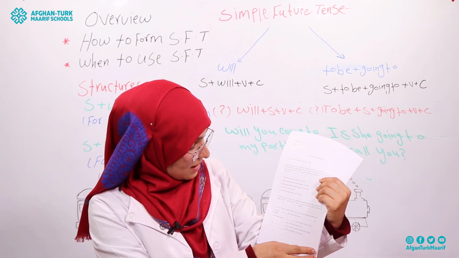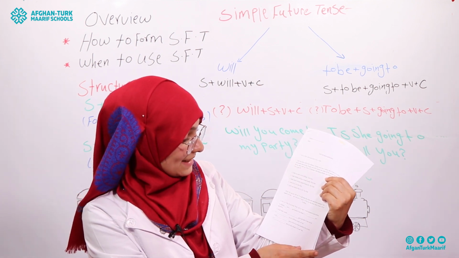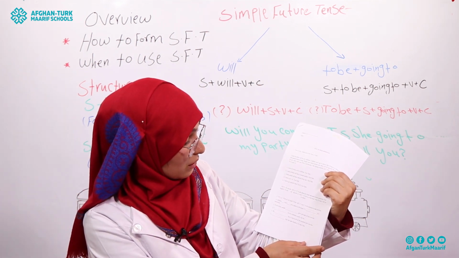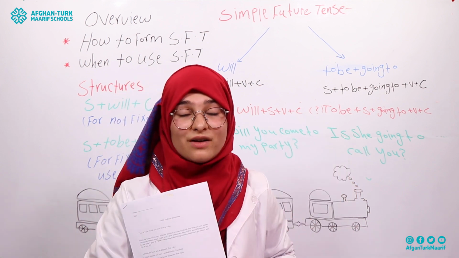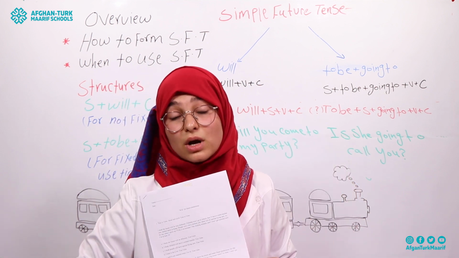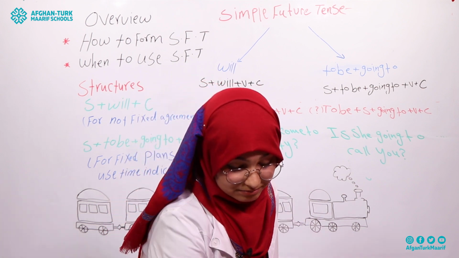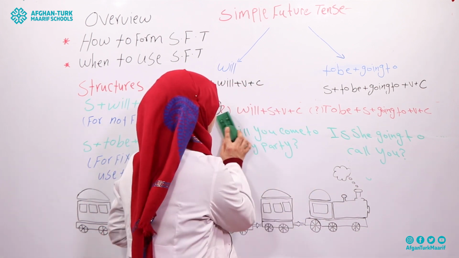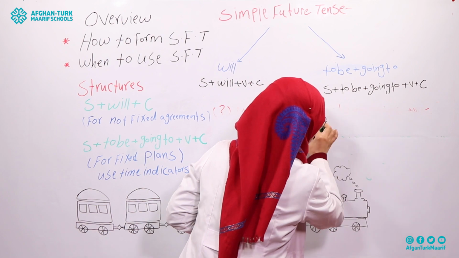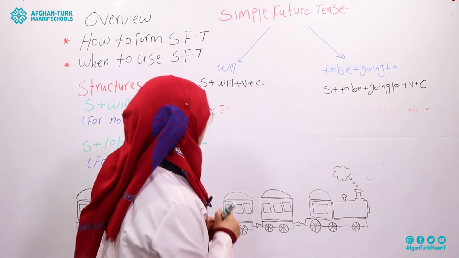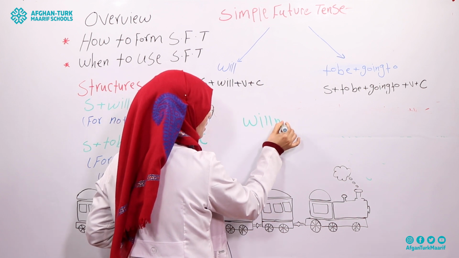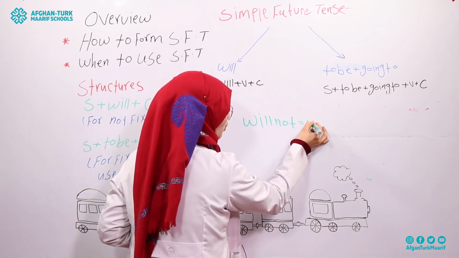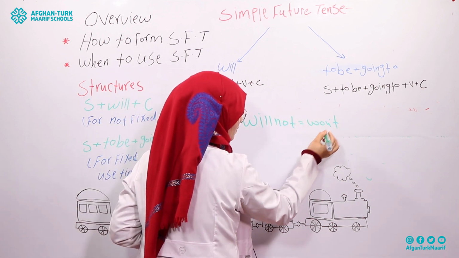The second one says to fill it in. What do you think? Write will or won't in the sentences to make predictions. So what you have to do is use will or will not. One more thing, please remember that the full form is will not in negative, but won't is the contraction form.